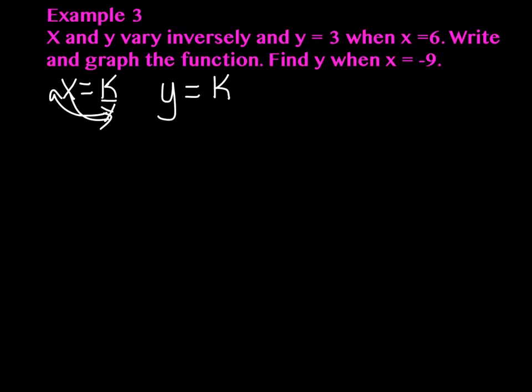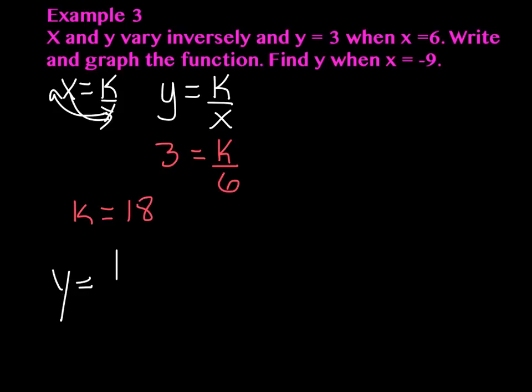It's still the same thing. Okay? And y equals 3. So I'm going to put a 3 in for y when x equals 6, which means that our constant k is 3 times 6, which is 18. So our equation is y equals 18 divided by x.